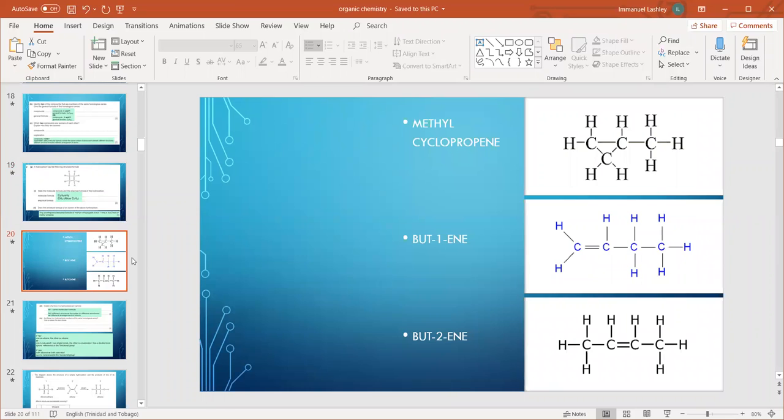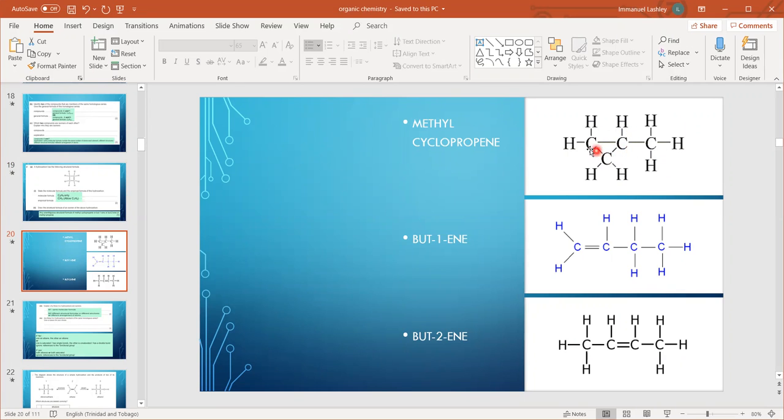So the first one, methylcyclopropane. Methyl is a CH3 group. So on the end of the structure, right in the corner here, there's a CH3 group, and this is connected to a cyclo group.